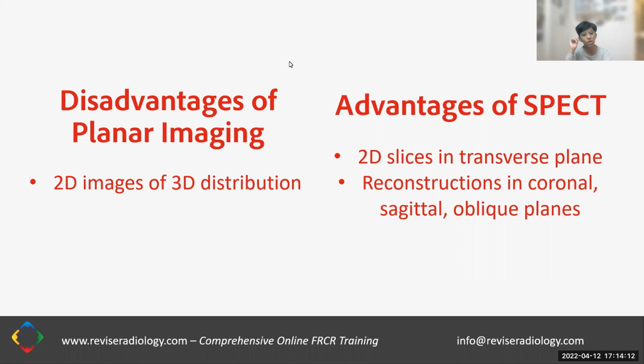This is not exactly a disadvantage, but planar imaging is giving you a 2D image of a 3D distribution, whereas SPECT is giving you 2D slices in the transverse plane, and you can get reconstructions in the coronal, sagittal, and oblique planes. I think that's pretty clear.